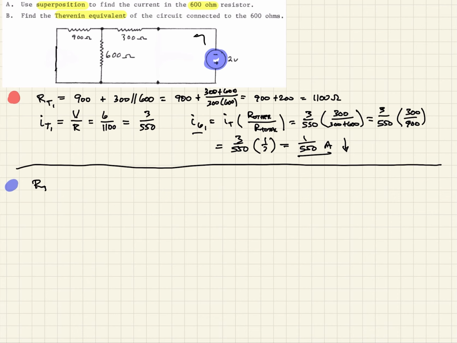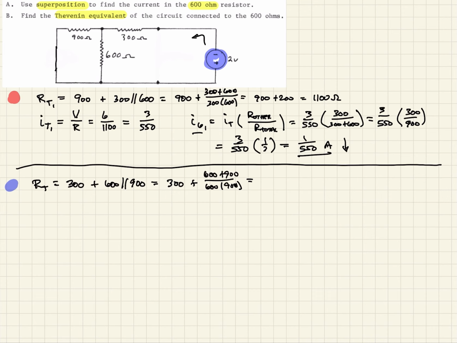So looking out from this way, we see that we'll have a 300 ohm resistor in series with a 600 in parallel with a 900. When we work that out, that'll be 300 plus 600 times 900 over 600 plus 900.